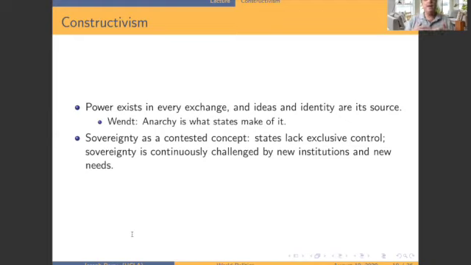In this light, sovereignty is a contested concept. States don't have the ability to exclusively control what sovereignty is, and therefore sovereignty is consistently challenged by institutions' new needs and the growing power of different states.